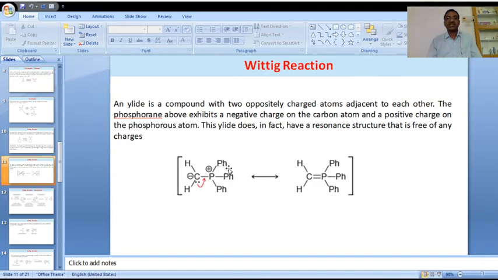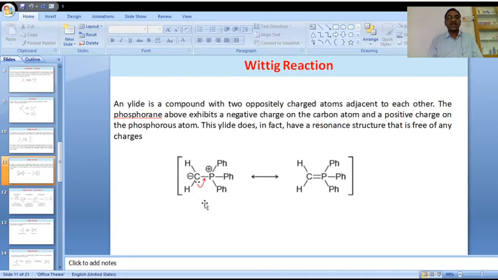In this structure, the phosphorin above exhibits a negative charge on carbon and a positive charge on the phosphorus atom.